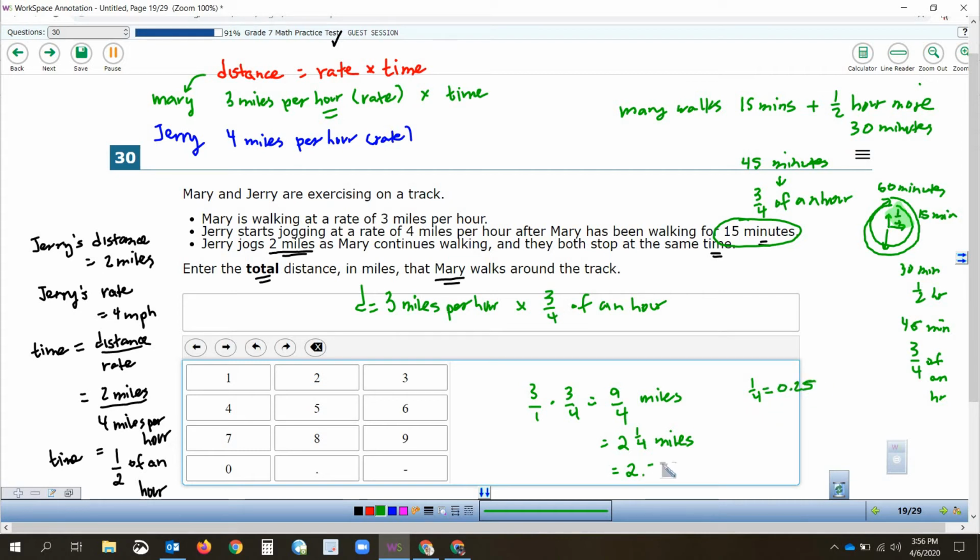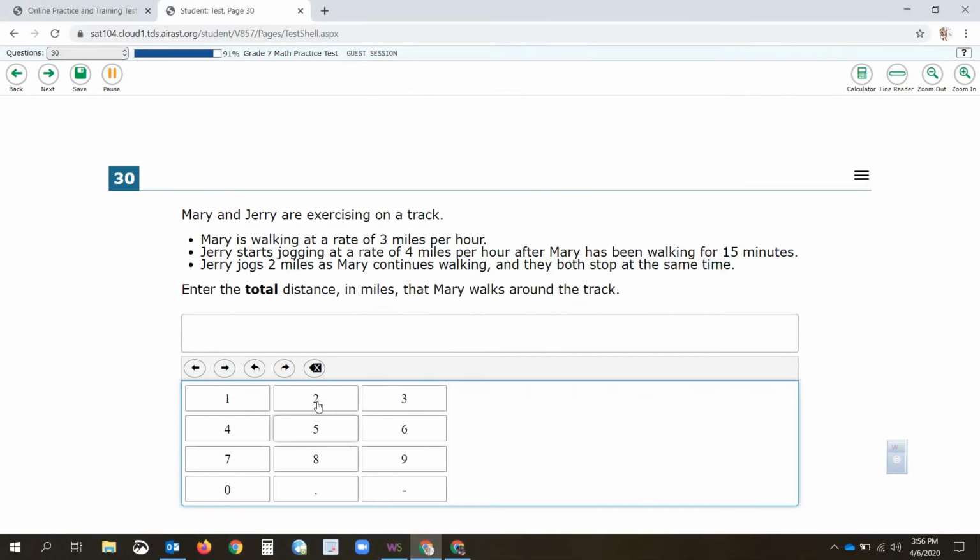That's one of those ones you should have memorized. 2.25 miles, which should make sense because if she had gone a full hour it would be 3 miles, right? She didn't go a full hour, so she had to go less than 3 miles. She went 2.25 miles. All right, that's her total distance that she went.